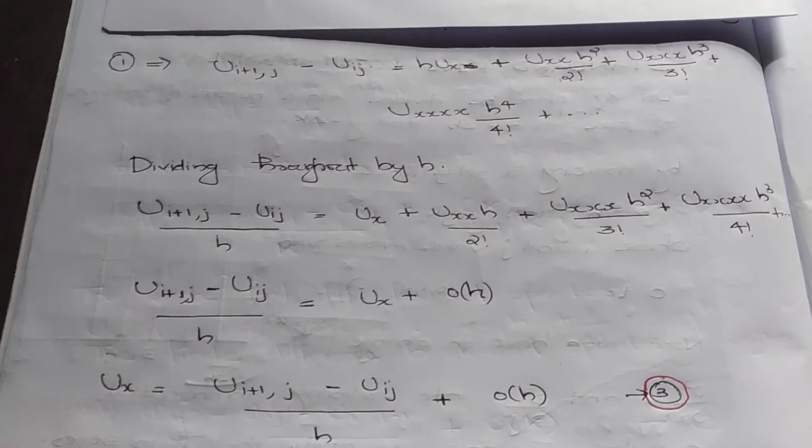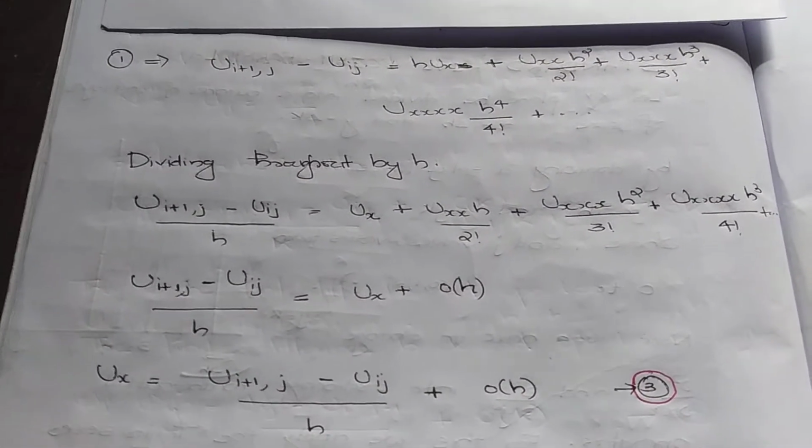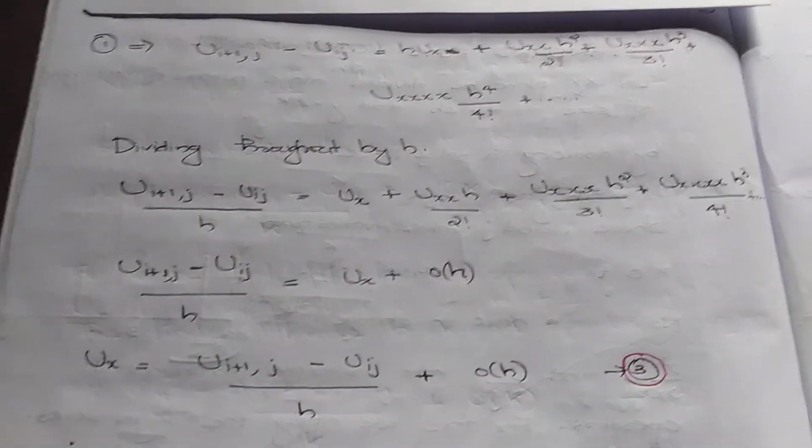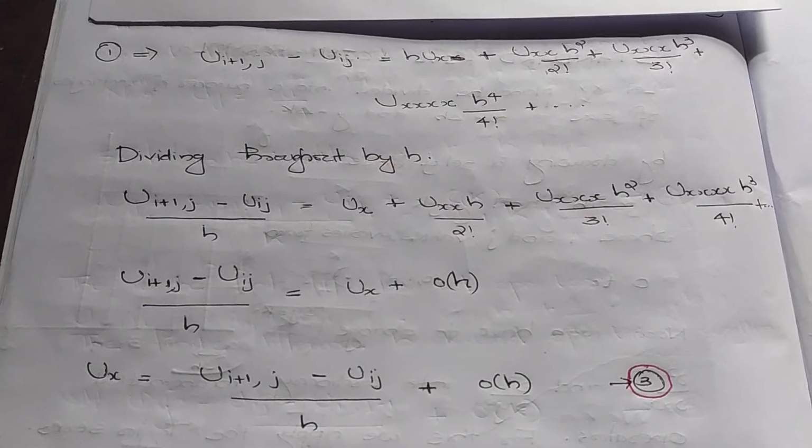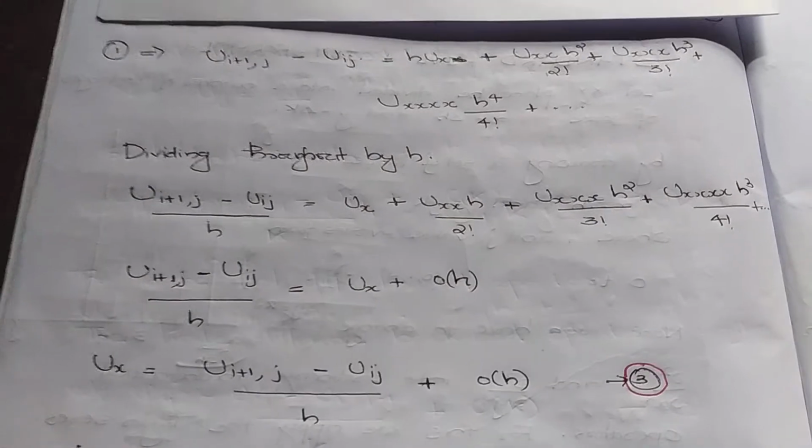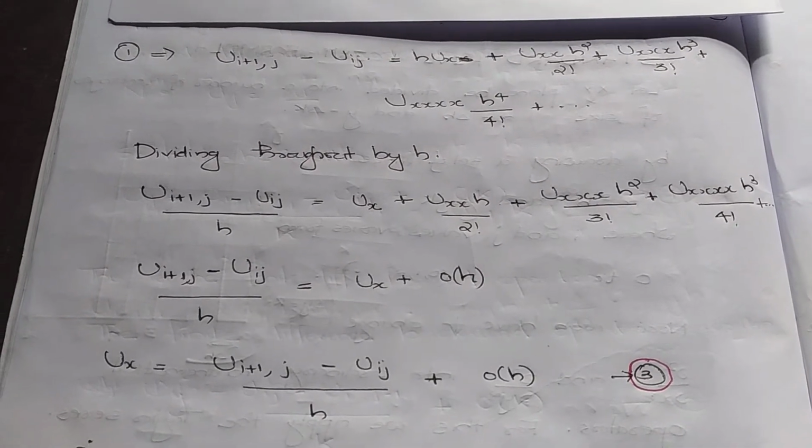By rearranging equation 1, we get the following equation: ui plus 1j minus uij is equal to h ux plus the corresponding terms.